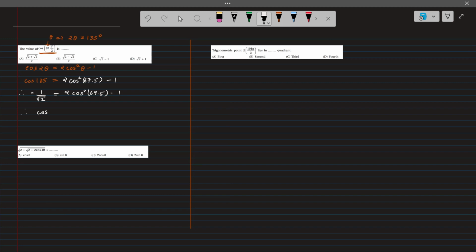Making cos square 67.5 our subject, we can say 1 minus 1 by root 2 whole upon 2. Cos square 67.5 will be equal to 1 minus 1 by root 2 upon 2. Taking the LCM, this will become root 2 minus 1 upon 2 root 2.